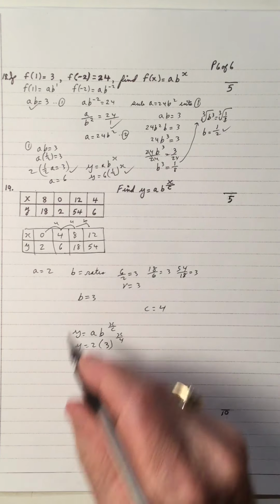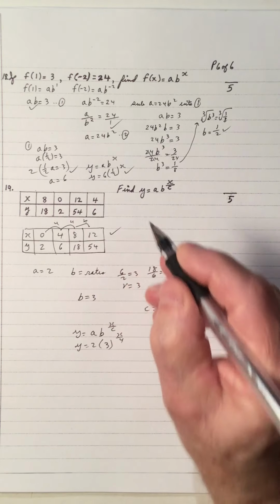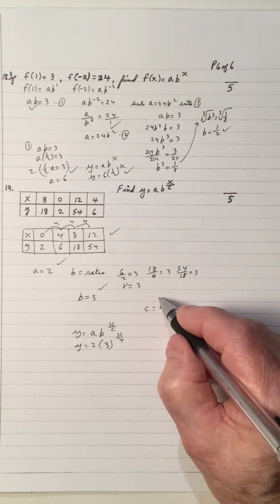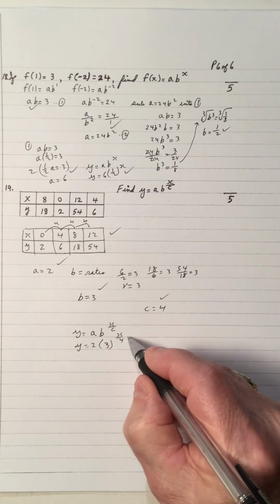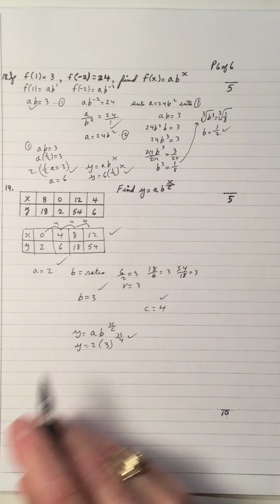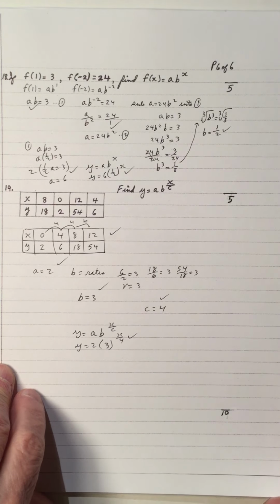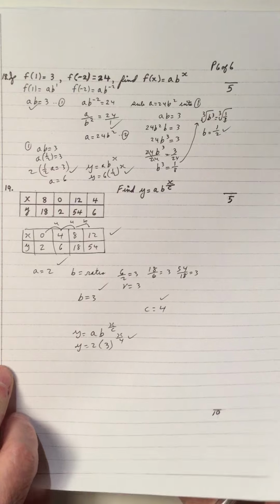And there's 5 marks. So if you rearrange your table, you get a mark. If you got a, you get a mark. If you got your ratio, you get a mark. If you got c is 4, you get a mark. If you wrote down an equation like that, you get a mark. 5 marks in total. That gives a total of 10 for that page.